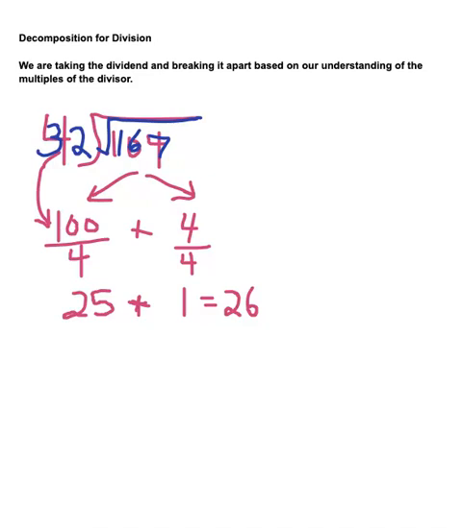Again, I'm going to take this number and I like to think of it as 30 and 2. Then I'm going to take this number and think of it as 150 and 17.